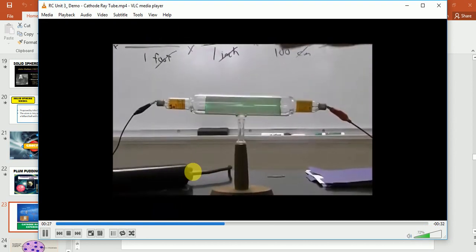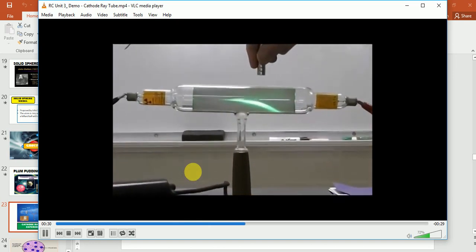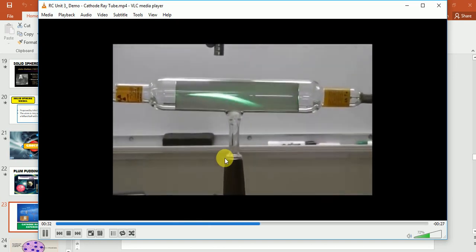To summarize, the plum pudding model was proposed by J.J. Thomson. He said that negative electrons are stuck inside and on the surface of a positive pudding. The atom's mass and positive charge are widely spread. So we'll proceed to the next model, Rutherford's model of the atom. Goodbye.